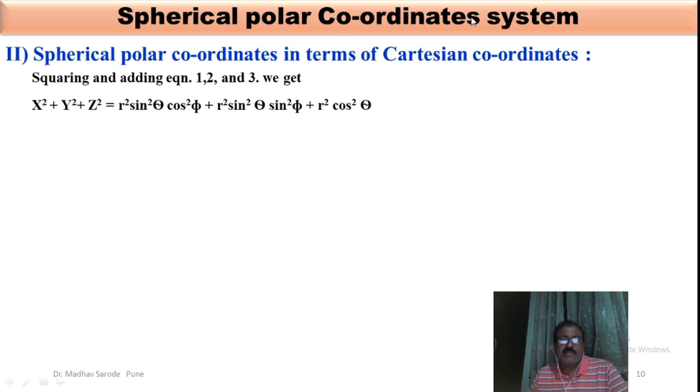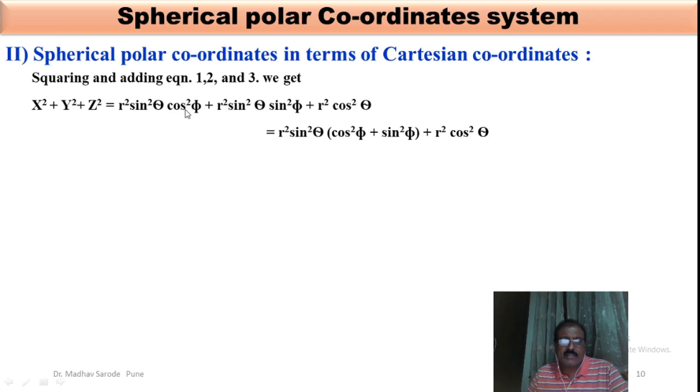So x equals r sin theta cos phi, y equals r sin theta sin phi, and z equals r cos theta. Squaring these gives all the squared values, and after simplification we take r square common.